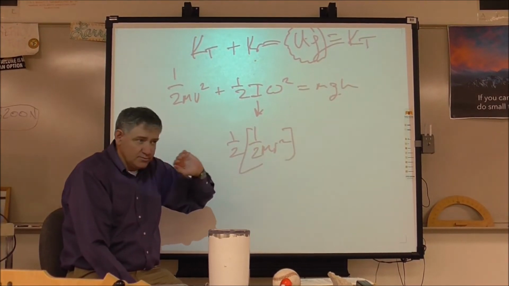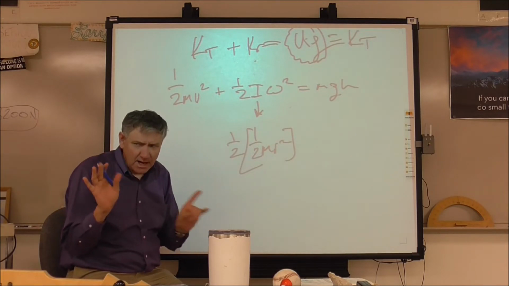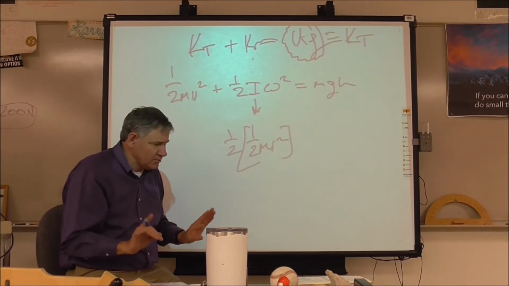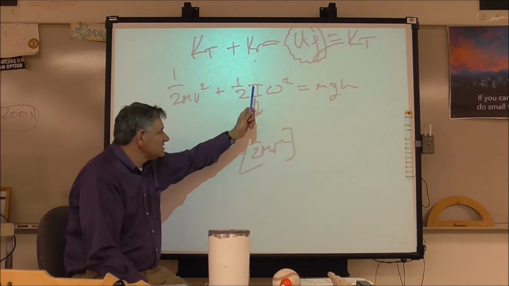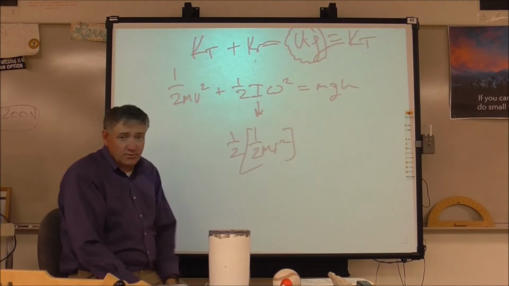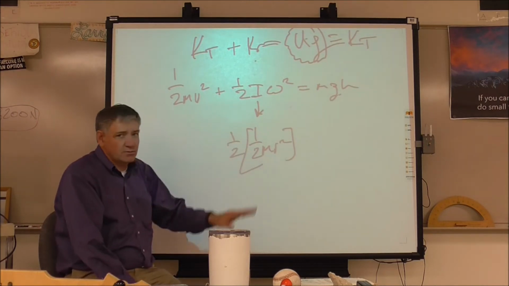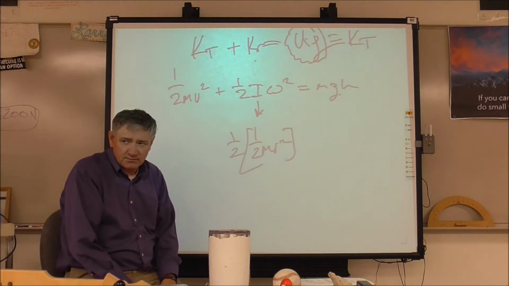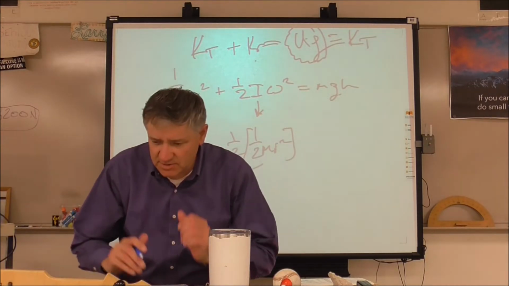They're both 1/2, but understand they're not the same 1/2, even though they're both 1/2. Now, what do you have to do for omega squared? This is the most vital thing. You put in v squared over r squared. Otherwise, you can't solve the problem.